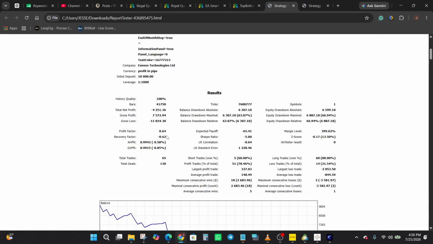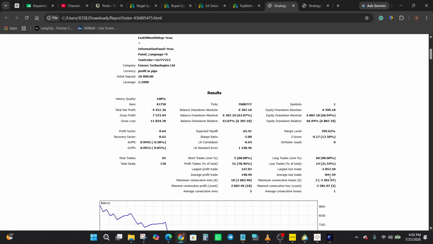The primary driver behind this disparity comes down to the risk to reward structure visible in the data. The average profit trade was $148.49, while the average loss trade was $844.59.